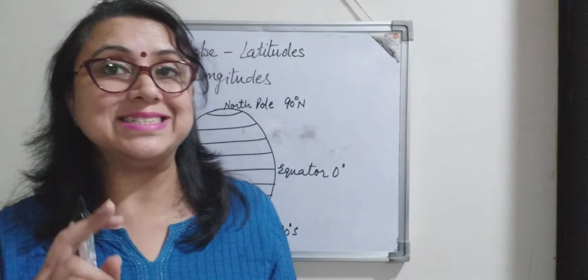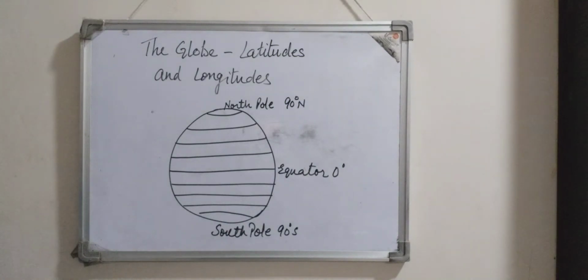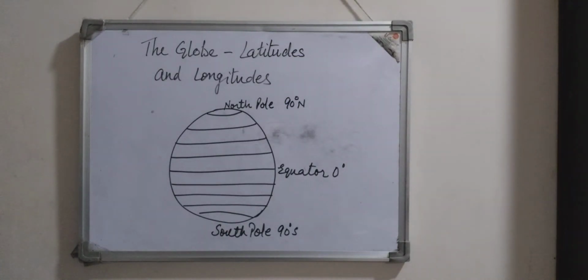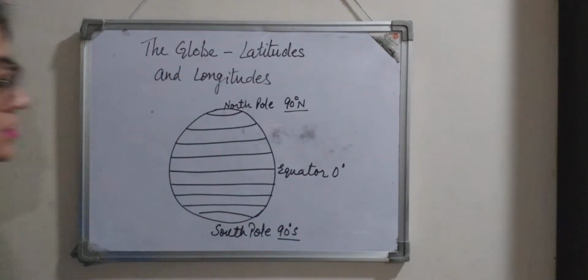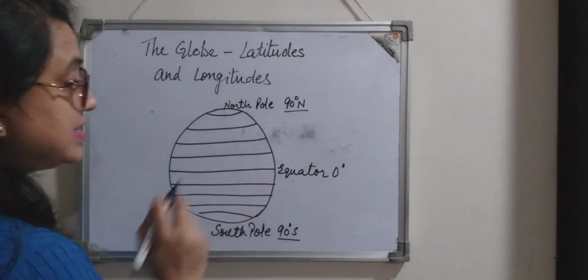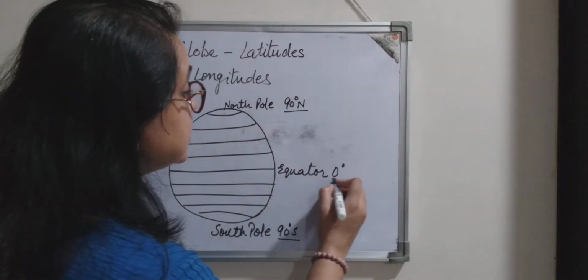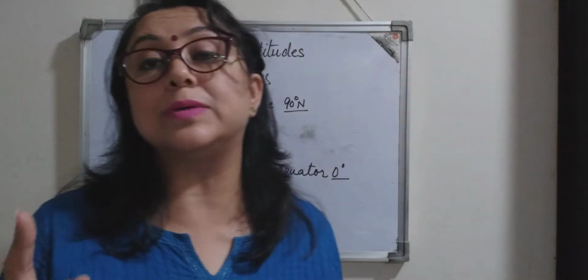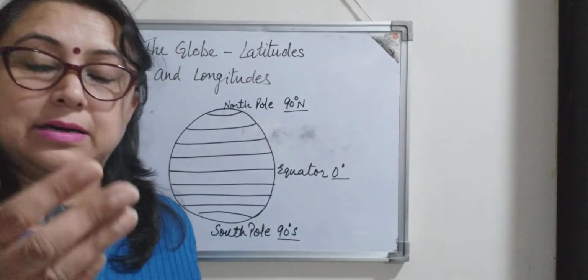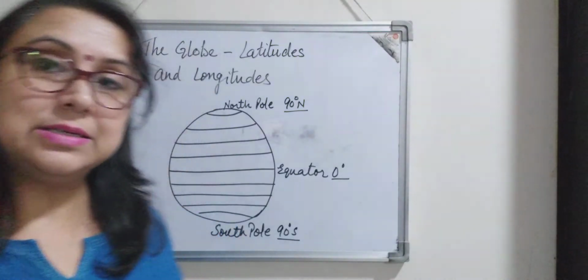We have already talked about the axis on which the earth spins, and the equator which divides the earth into two equal parts, the northern hemisphere and southern hemisphere. Remember, all these are imaginary lines, right? We've already talked about the North Pole, which is 90 degrees north, the South Pole 90 degrees south, and the center line, the equator, which is 0 degrees. The equator divides the earth into two equal halves, the northern hemisphere and southern hemisphere.